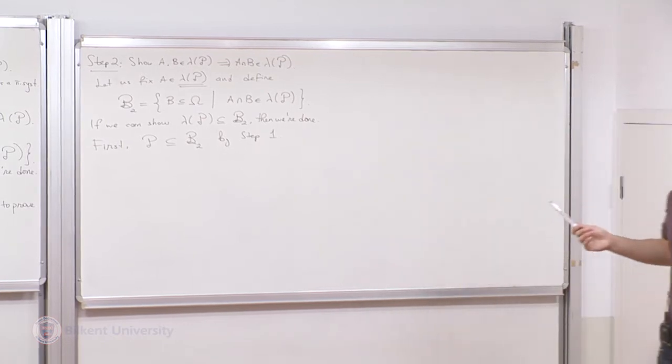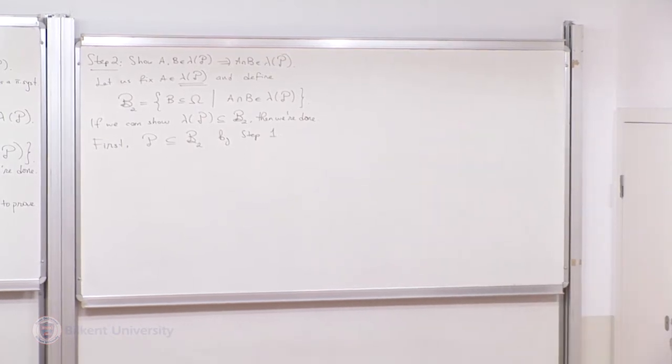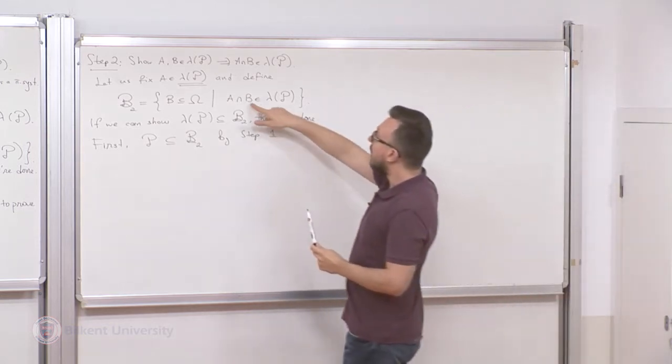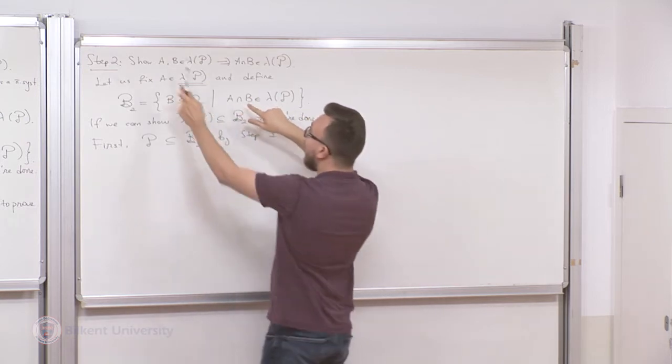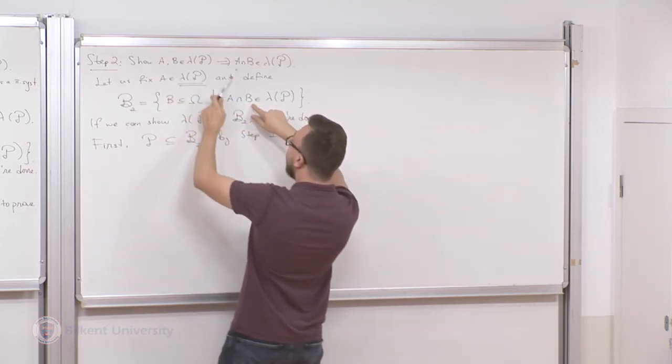Why? How did I write that? P is a subcollection of B2. What does this say? Well, if I pick my B from P, from the pi system, and A is already from the Dynkin system.